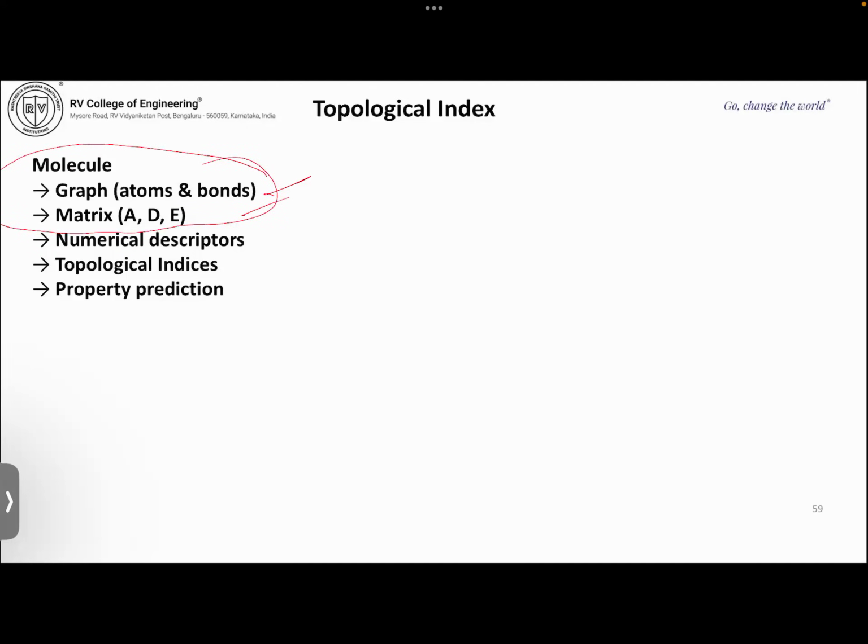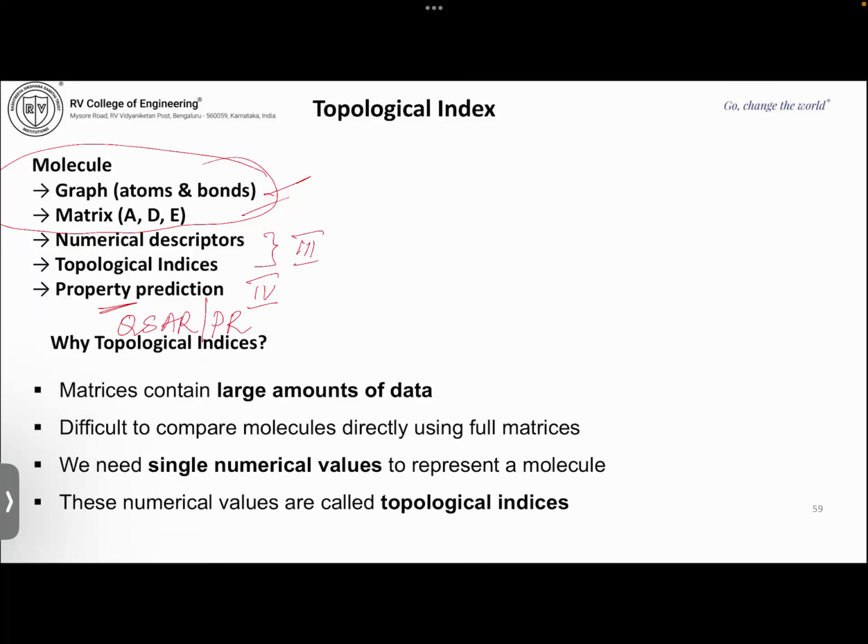Here in this video, I'll be discussing numerical descriptors and topological indices. This is the third part of the recording, and in the fourth part, I'll be discussing property prediction, that is QSAR or QSPR, the quantitative structure activity relationship and the quantitative structure property relationship, in the next recording. In this, I'll be discussing topological indices.